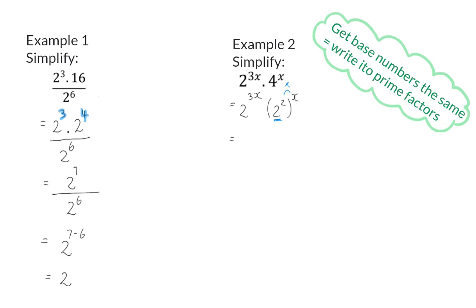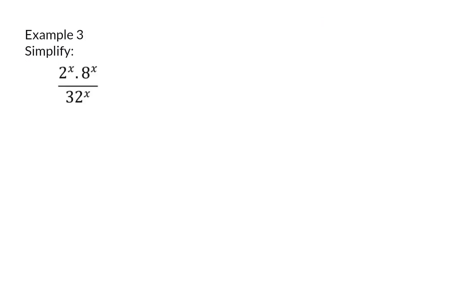So here I will have 2 to the power of 3x times 2 to the power of 2x. And now I have two of the same bases that are multiplied. So my first law says that then the base will stay the same, and I add the two exponents, which will give me 5x.